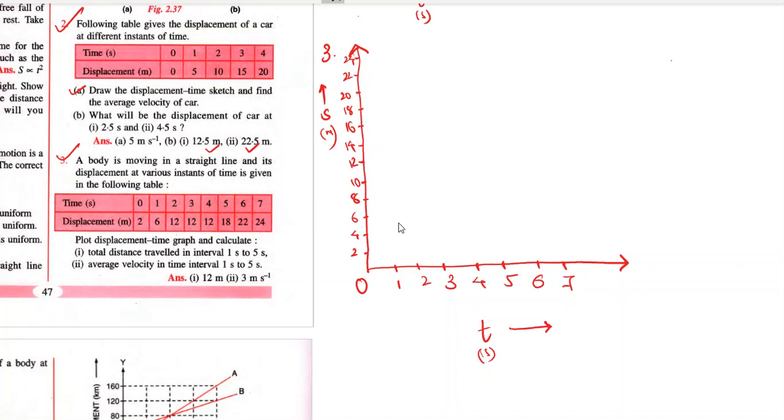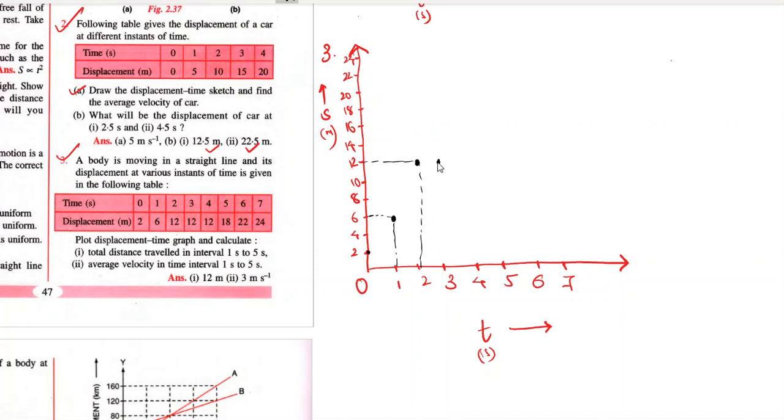Okay, 0, 2. At 0 second, the displacement was 2 already. So the first point is here. Let me draw the points with the help of another color. So first point is over here. 1, 6. Second point will be here. 2, 12. 3, 12.